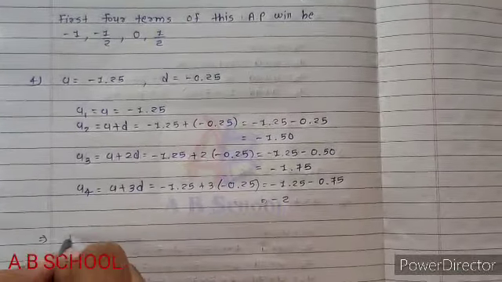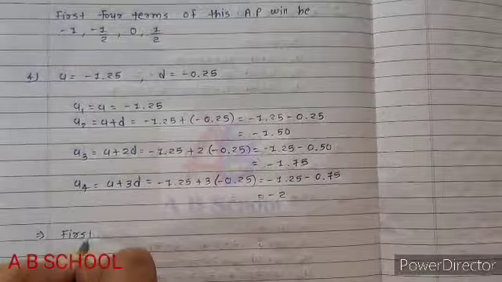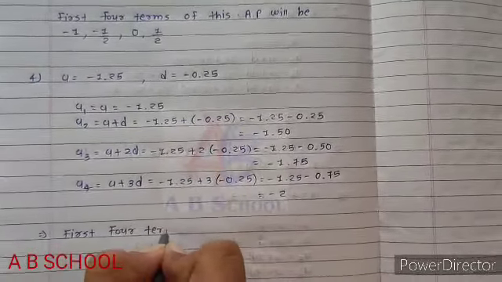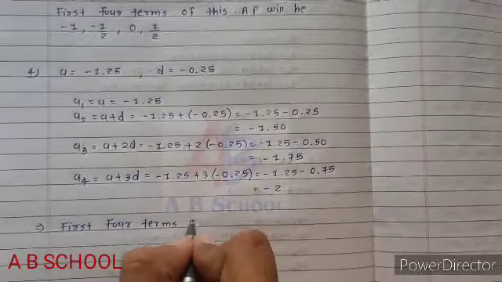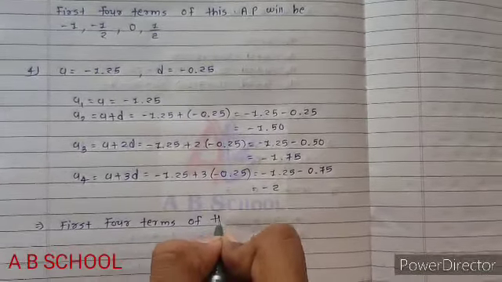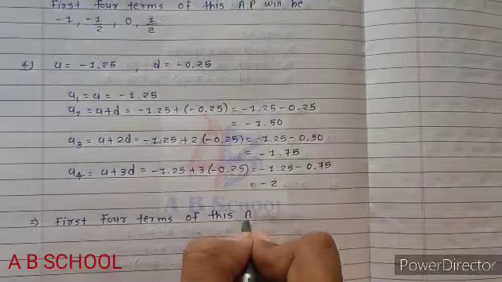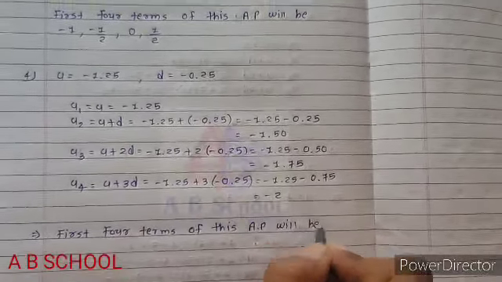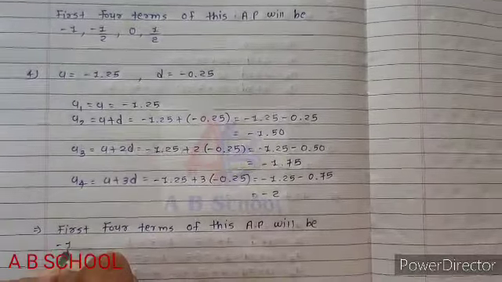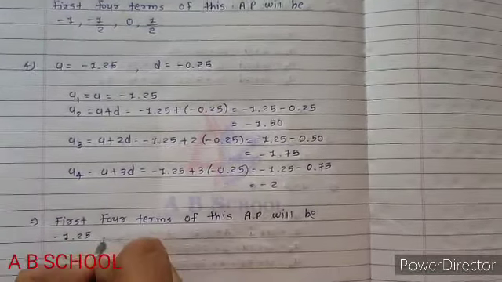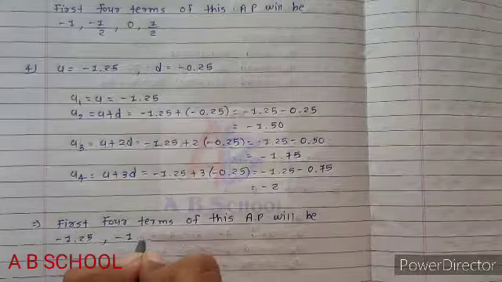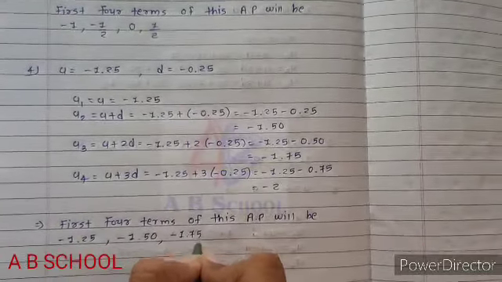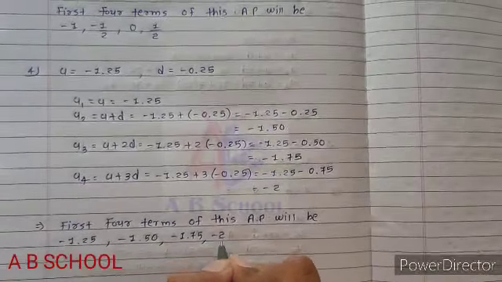So first 4 terms of this AP will be -1.25, -1.50, -1.75, -2.